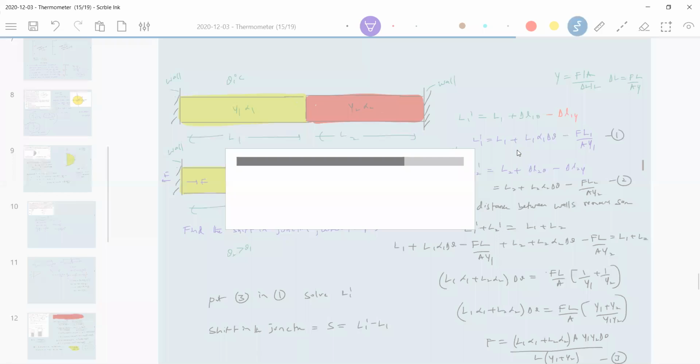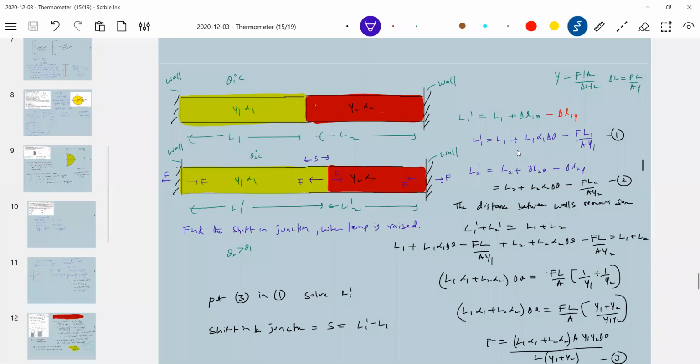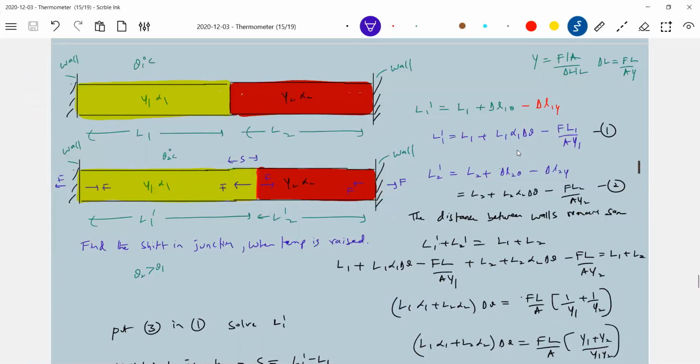Sir, when adding 1 and 2, you took FL by A, but you should have written FL1 by A Y1. FL1, no, it should be. Okay, yes, sir, it should be L1 and L2. FL1, FL2. Okay, this will be L1. Yeah, I'll make changes. Thank you.